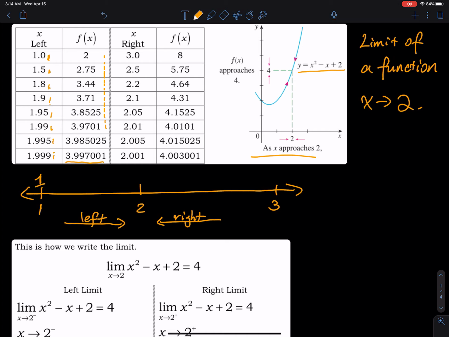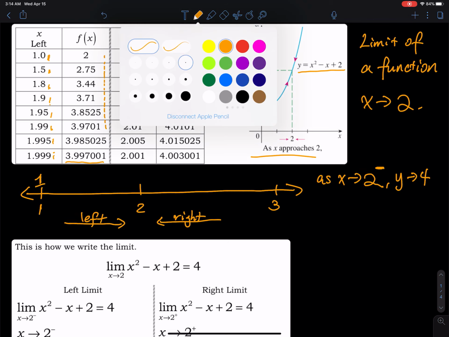So as x approaches 2 from the left, y approaches 4. Let's write this right here. As x approaches 2 from the left, I want you to get used to this: there is a minus in the upper right hand corner. This minus is not an exponent. It's not a negative. This minus means left side. Comma, y approaches 4.